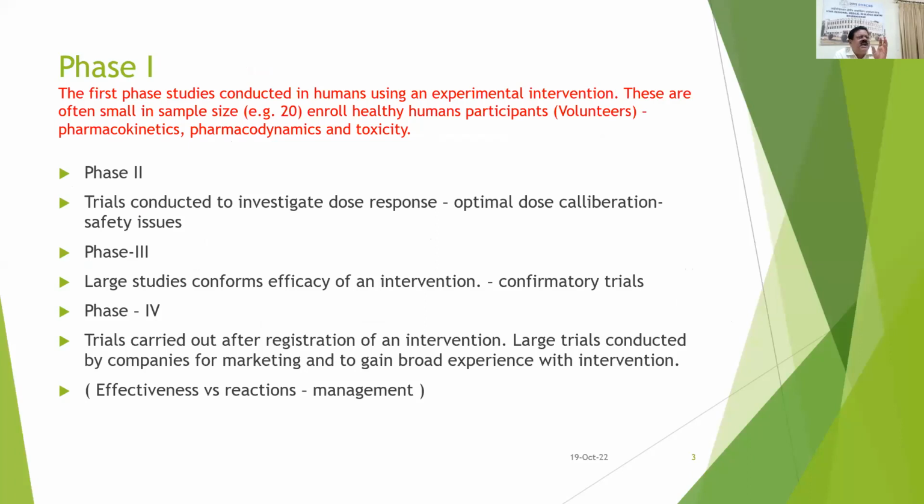Phase 2 is a trial investigating dose response and optimal dose calibration. Phase 3 is the last study to confirm efficacy of an intervention. Phase 4 is a trial carried out after registration of an intervention, conducted by companies for marketing and so on. The effect versus reaction management should be seen at each phase.